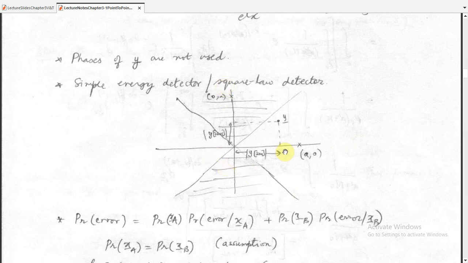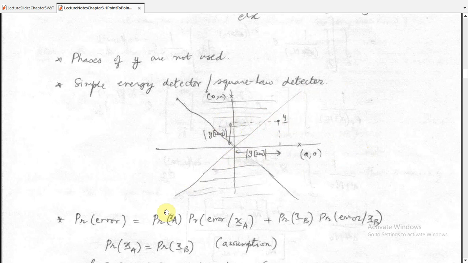If we plot the sample points on the x-axis and y-axis, you can draw a point y on the plane. The projection of this point on the horizontal axis is given by y2m, and the projection of point y on the vertical axis is y2m plus 1.